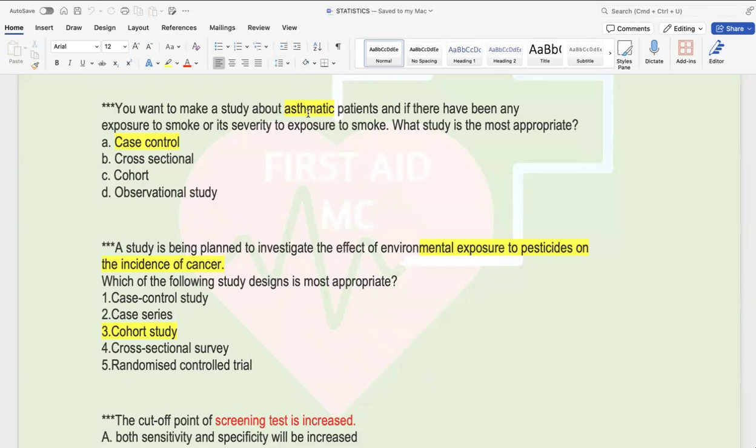If the question gives the disease first, that we want to know about asthma patients and whether they have been exposed to smoke, they're giving the effect to find the cause. So when they go from effect to cause, that becomes backward, which is our case control. Okay.